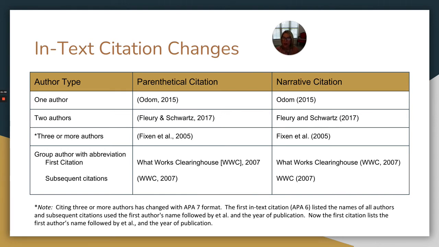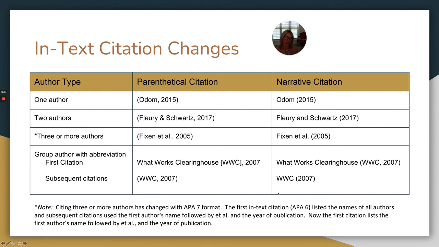And so here's some other examples about like a group author with an abbreviation with your first citation. So if I were going to cite What Works Clearinghouse, I would write that out to begin with, followed by the square brackets, WWC, comma, followed by the date. Subsequent citations, I could abbreviate What Works Clearinghouse with WWC, comma, followed by the date.